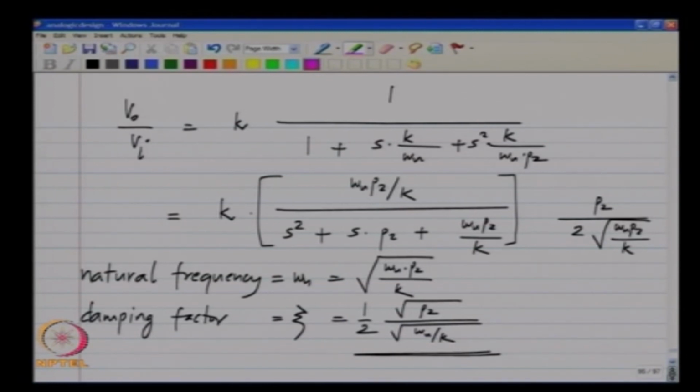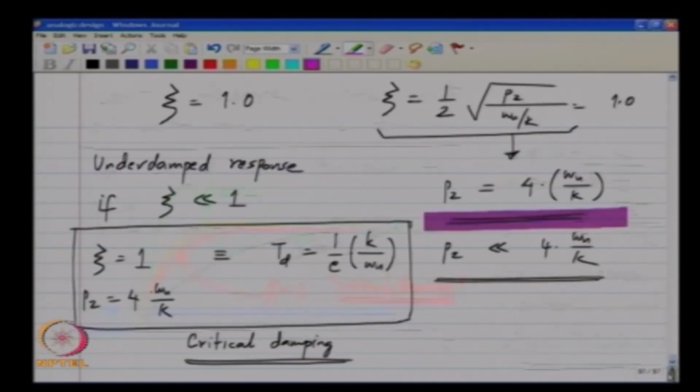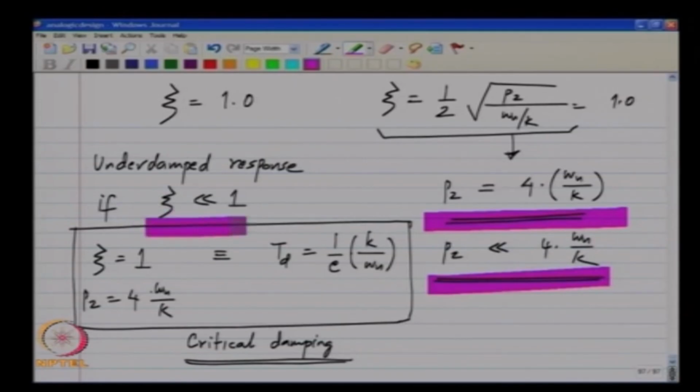You can have any value of P2, the system is still stable, but the problem is that if the second pole happens to be at a very low frequency, okay, that is if P2 is much smaller than 4 times omega u by k, you will get a severely underdamped response because the damping factor zeta becomes much smaller than 1. Okay.